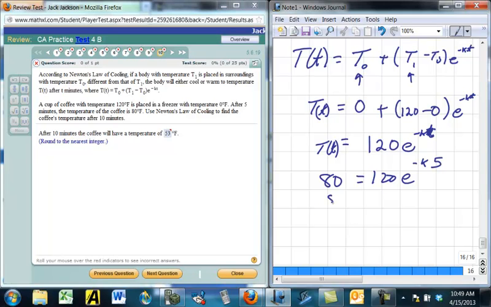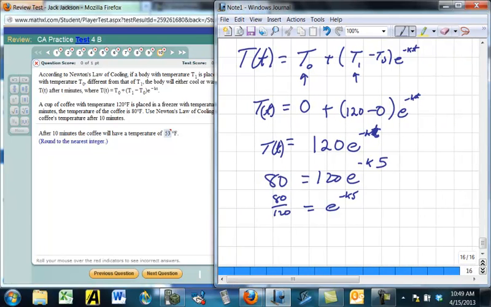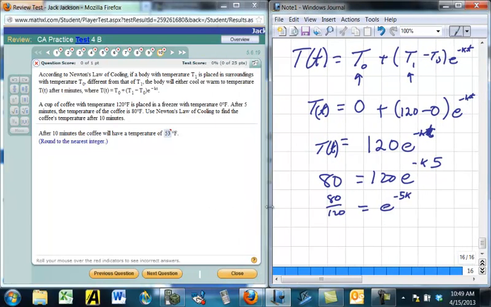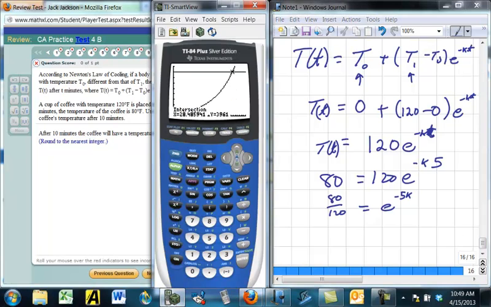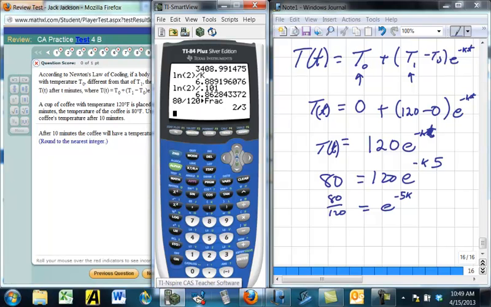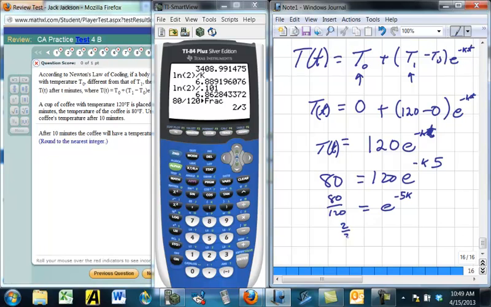Divide by 120. Let me write that the way we normally do it, the 5 first, then the k. Alright, let's see if we can simplify that. You can use your calculator if you want. 80 over 120 change to fraction, or you could easily do that one by hand, probably. 2/3.